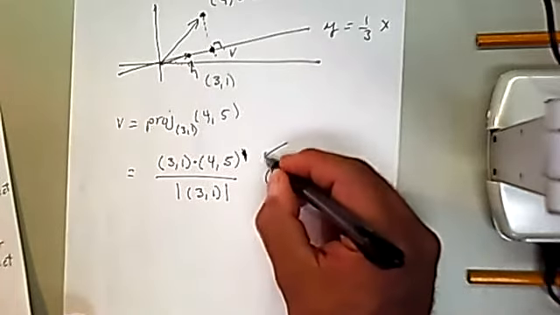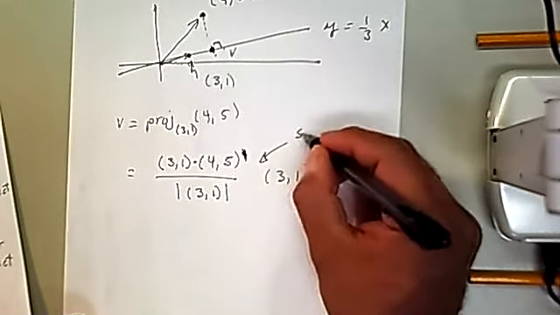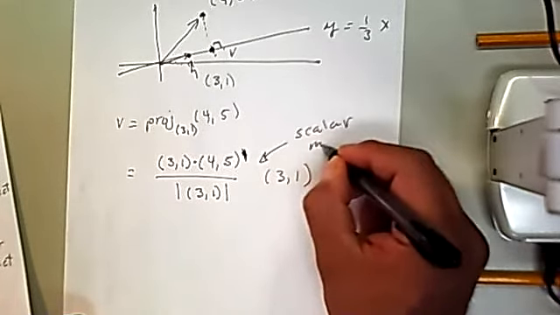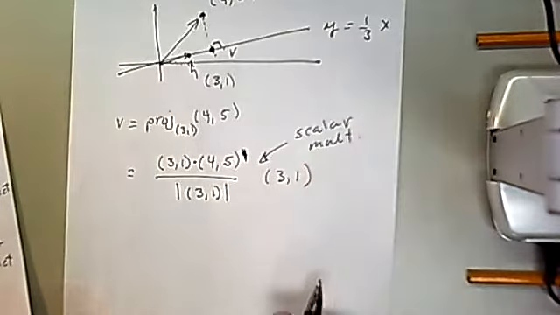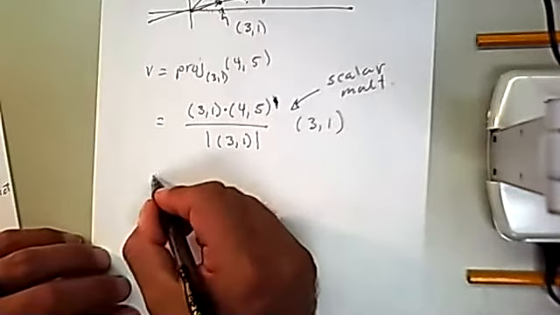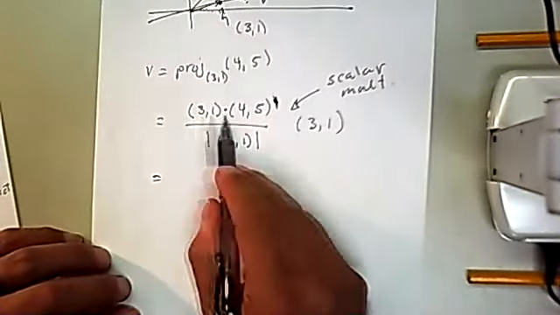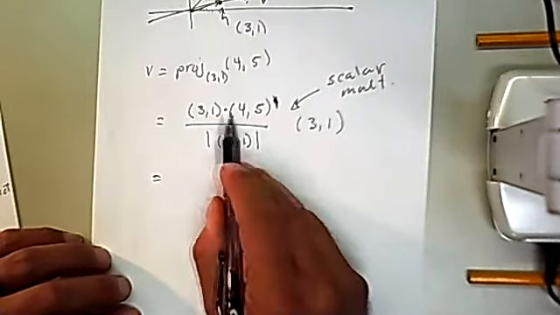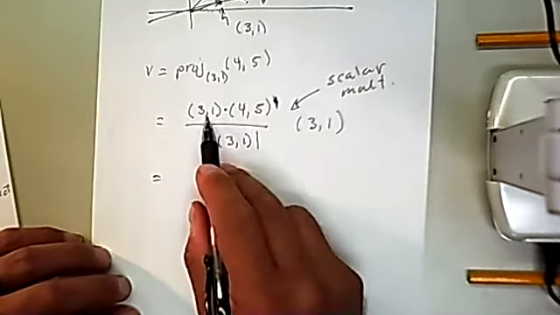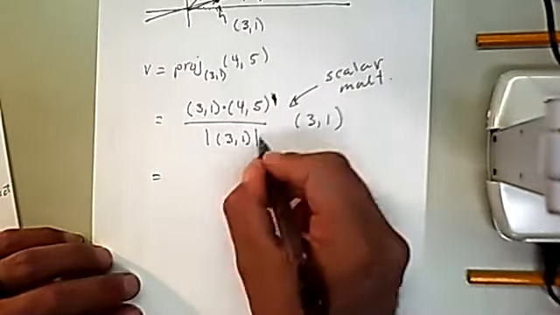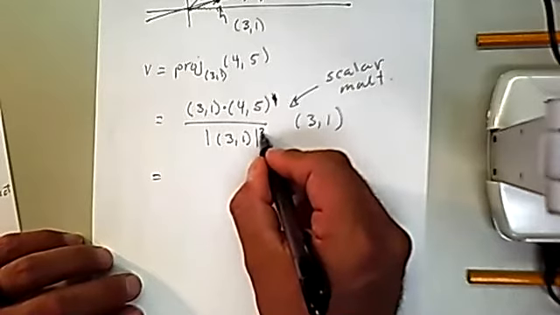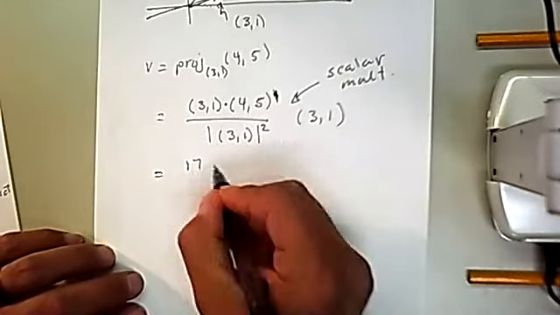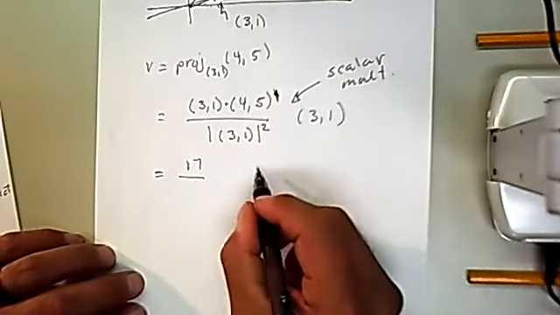So we have a scalar multiplication going on there. Okay, so 3 times 4 is 12, 1 times 5 is 5, 12 plus 5 is 17. Oh, I forgot a squared up here. So we got 17 on the numerator of this fraction.